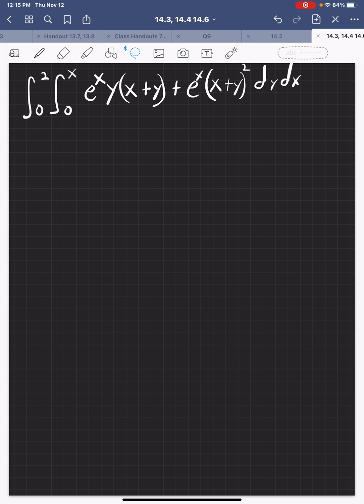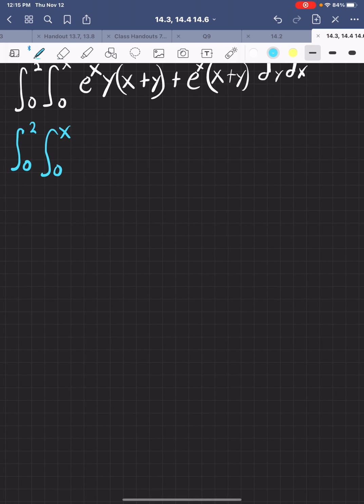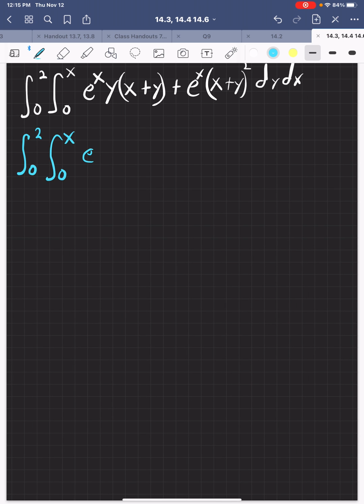Okay, so I'm here. Let's just assume that I've already FOILed everything out, combined like terms, and at this stage, my integrand looks like this.